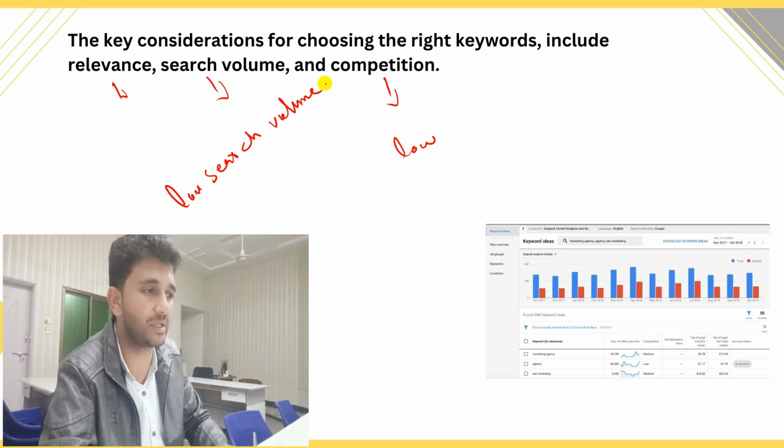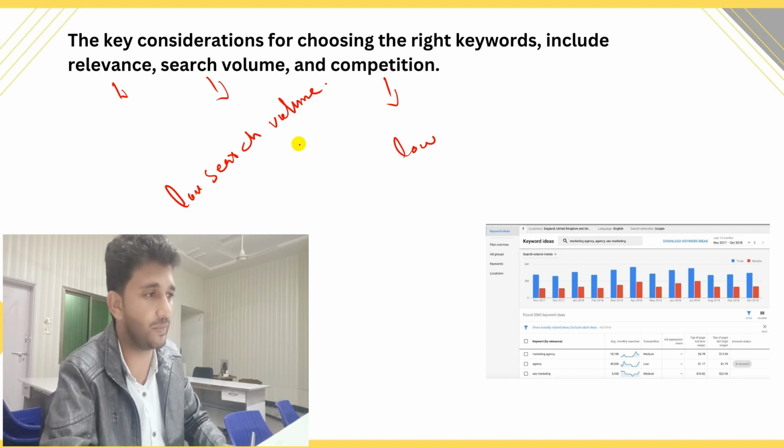Because the competition is directly related to the search volume. If the search volume of a keyword is high, then the competition will also be high. It is another case if you find a keyword that has high volume and no competition. Probably not many are working in that niche.